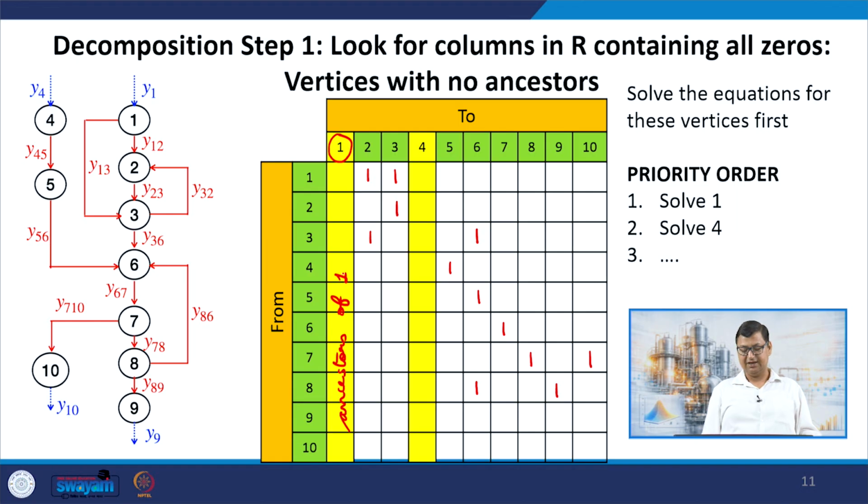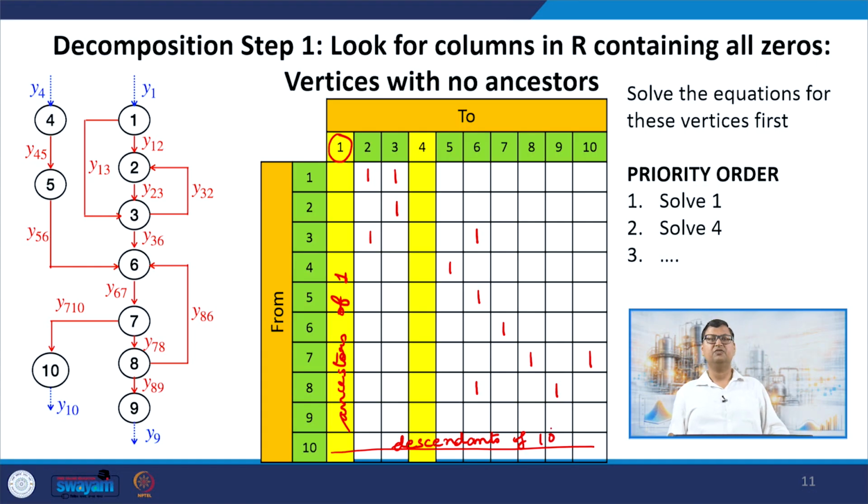Similarly, if I look along any of the rows, this gives me all the descendants of, let us say, 10 in this case. So now we have a way to look along the columns and figure out what is coming before 1 in one step, and along the row, the descendants, which tell me what is coming after 1 in one step.